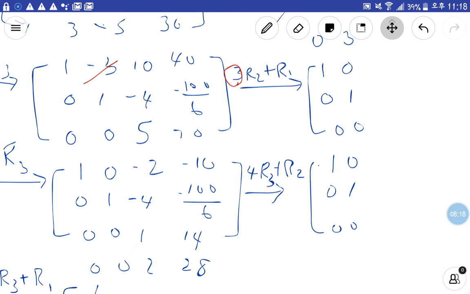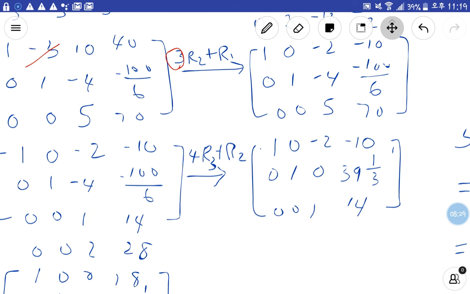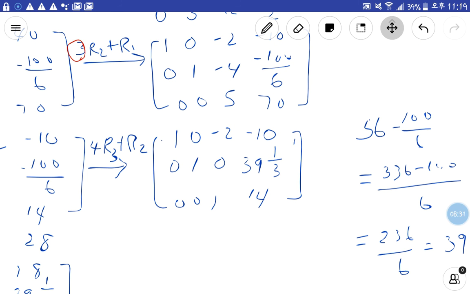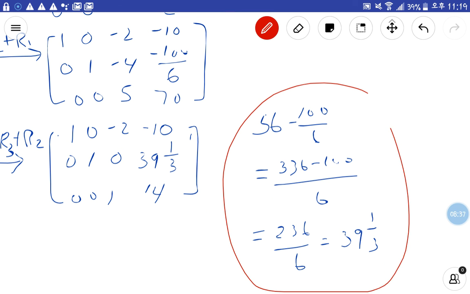Now what? You are going to times 4 onto your third row, add to second row so that you are going to make your 1 0 negative 4 as a 0 1 0, and then negative 100 over 6 plus 56. There is the work right here. So because of that, my answer 39 and 1/3 is going to be here.